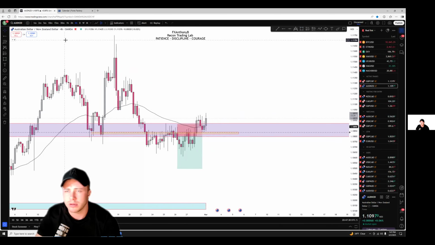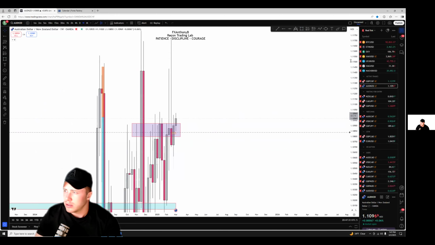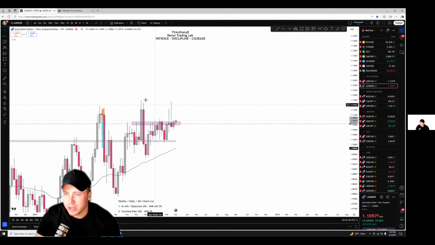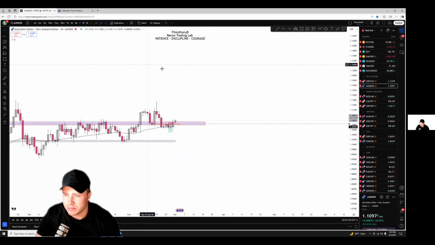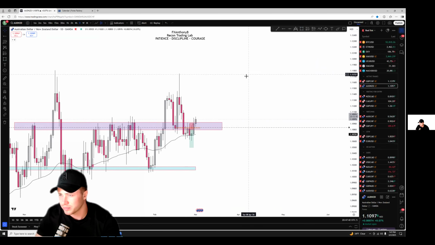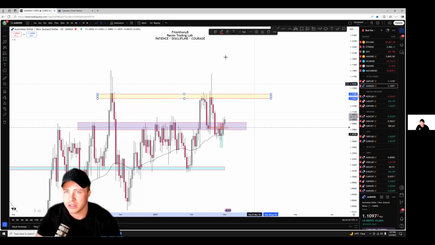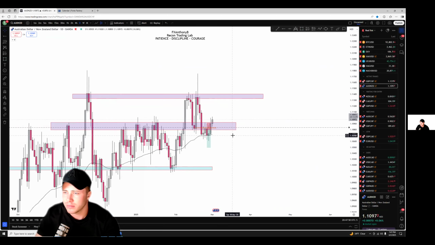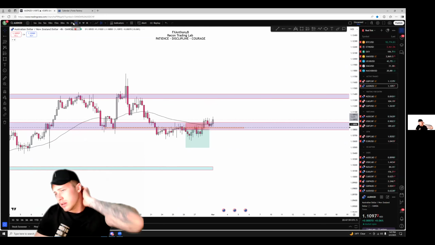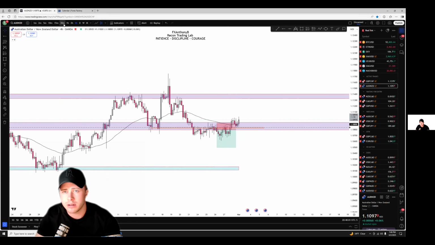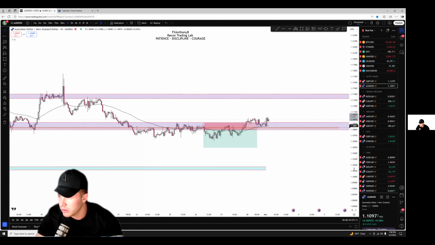We could ultimately just fill that wick, which is kind of completely opposite what I said earlier, and come all the way back up here. Yeah, because we did break this structure and now we're above. I actually kind of like that a lot. 4 hours there. But why are we having nice rejections? We're having beautiful rejections off of that weekly, daily, 1 hour.